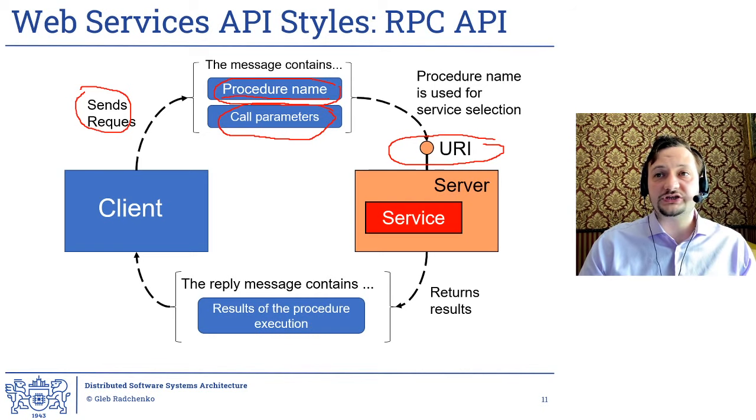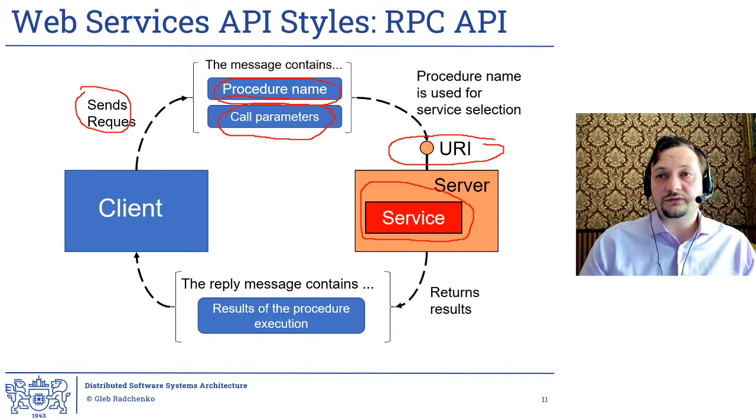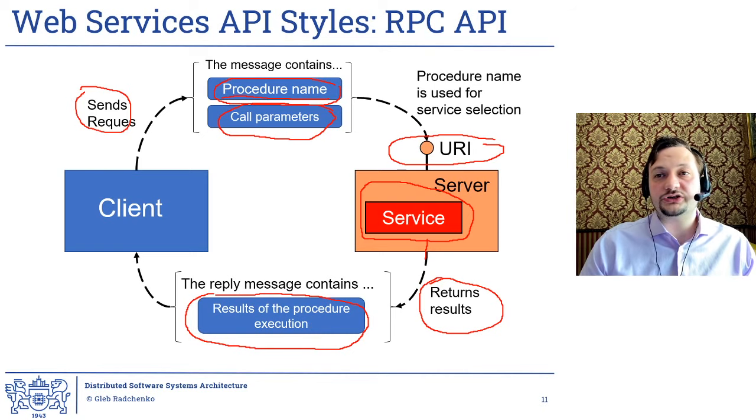We send this message to this URI. It would be processed by the server. The server would choose the service that would implement the request. And when the procedure has been executed, the service would send back the results of the processing. The reply message would contain the results of the procedure execution to the client.